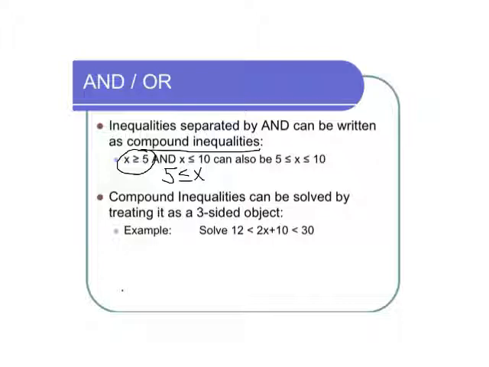And I also have x is less than 10. If we kind of share x's there, 5 is less than or equal to x, and x is less than 10, I can write that statement like this. I like to call that sort of thing a sandwich inequality. I think I'm the only one that calls it that, but maybe other people do. I don't know. But if you ever hear me say sandwich inequality, that's what that means.